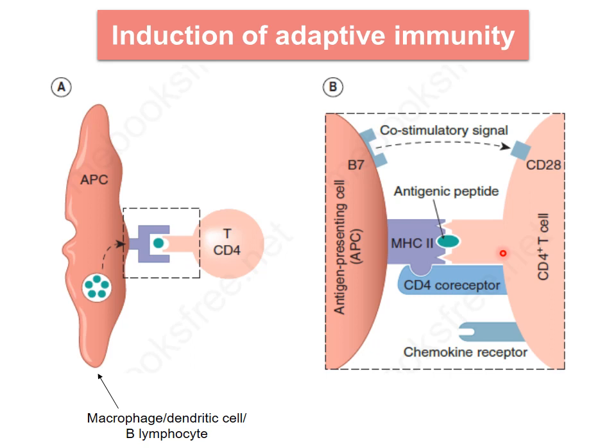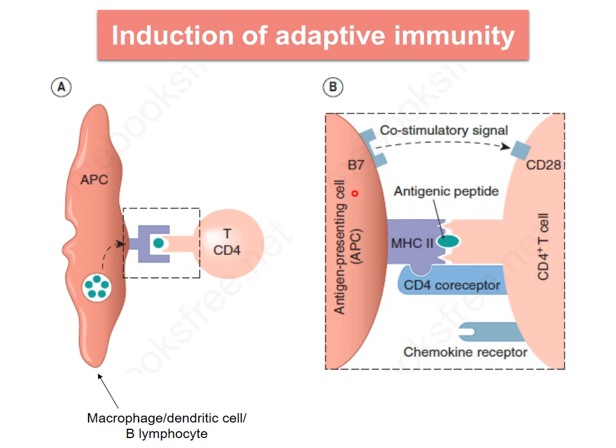The second signal is binding of co-stimulatory molecule B7-1 or B7-2, B7-1 is CD80 and B7-2 is CD86, of the APC to their respective ligand on the T cell. On the T cell, the respective ligand is CD28.